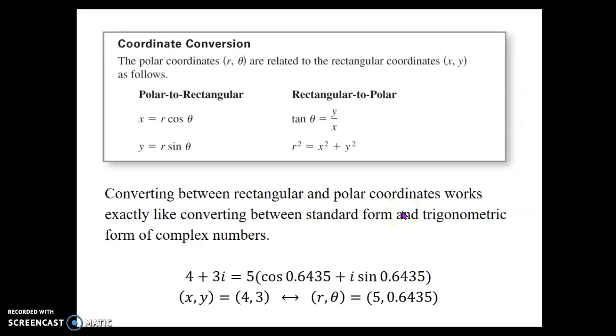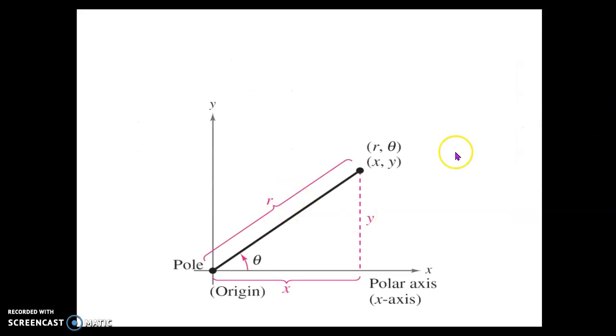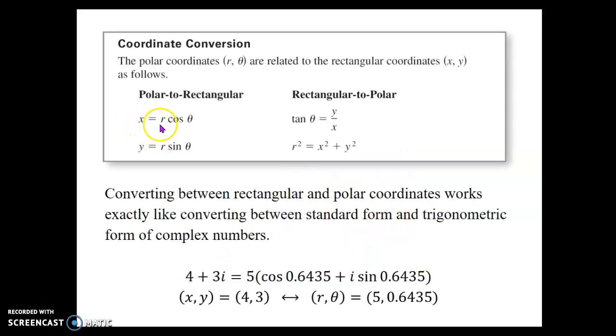Now, to convert back and forth between polar and rectangular coordinates, notice the trigonometry involved. For this point here, the x coordinate over the r would be the cosine of theta, and the y coordinate over r would be the sine of theta, and therefore x would equal r cosine theta and y would equal r sine theta.